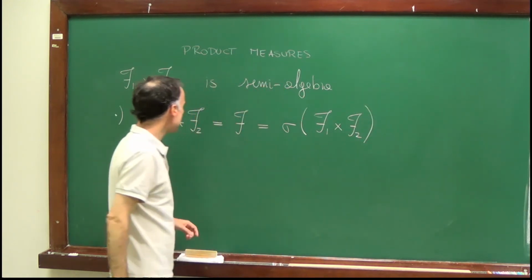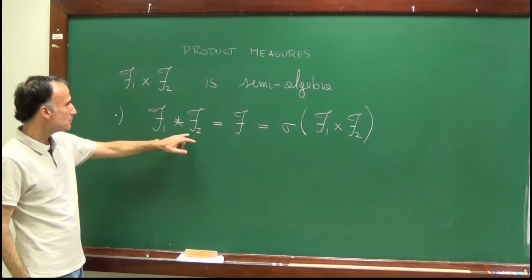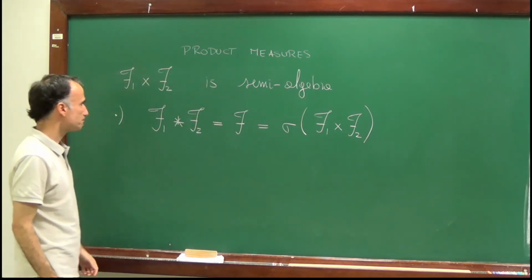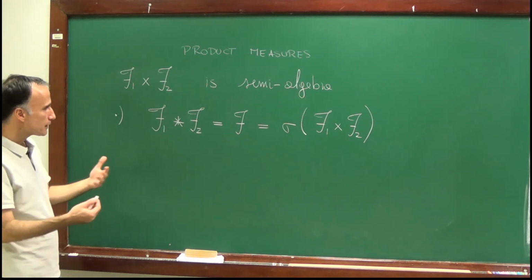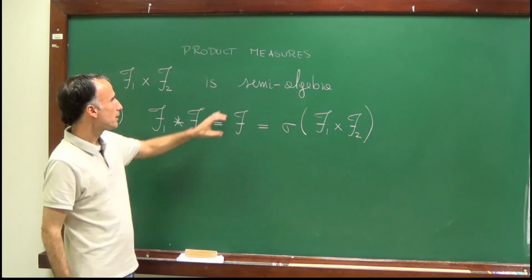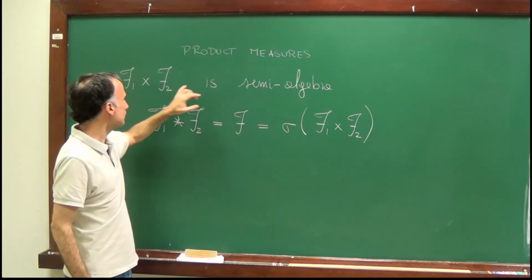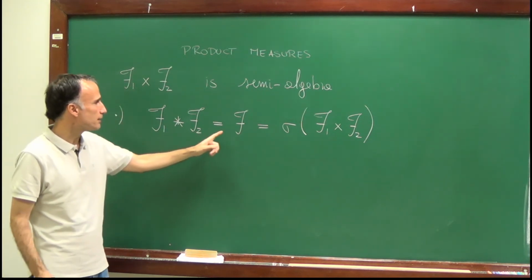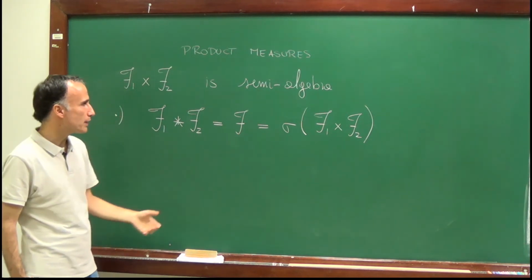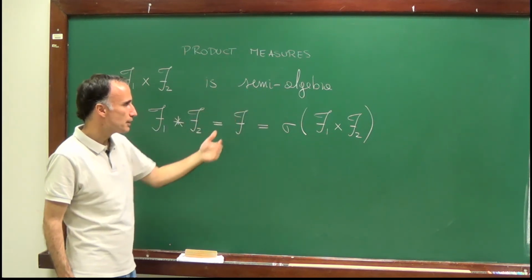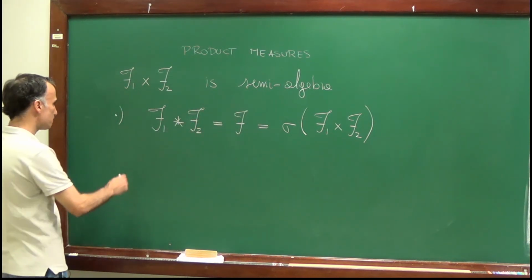Okay? So this is the smallest sigma algebra which contains the rectangles. And Carathéodory's theorem will allow us to extend a measure defined on the rectangles to a measure defined on F in a unique way if the measure defined on the semi-algebra is sigma finite.